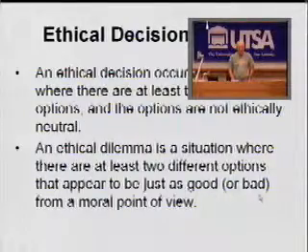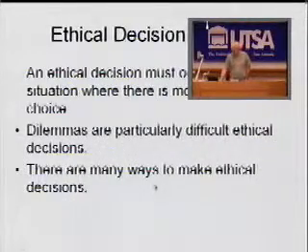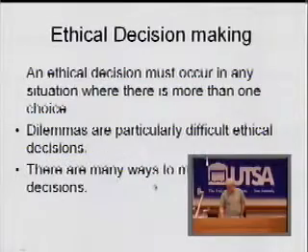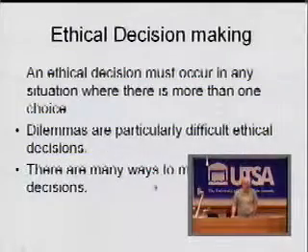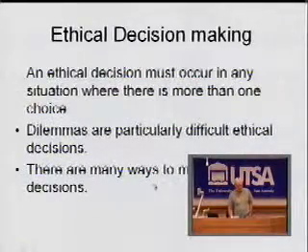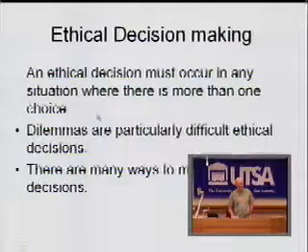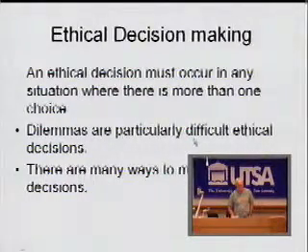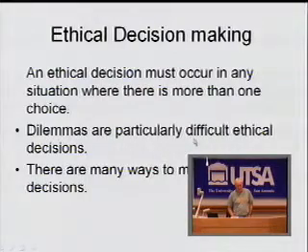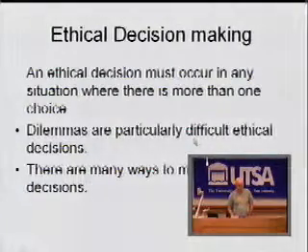There's going to be bad to some degree or another. And those are the ethical dilemmas that are most difficult to deal with. So an ethical decision must occur in any situation where there is more than one choice. When there is a dilemma, an act must be an outcome of the situation.